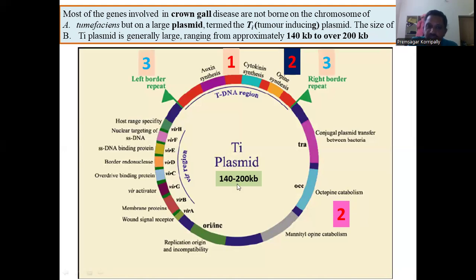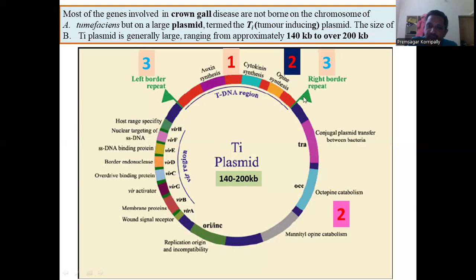The third important element is the right border and left border of the T-DNA region. These repeats are 24 nucleotides in size, and they are very much conserved. During the transfer of T-DNA, a single strand nick is created by the VirD gene here and here. This is the 5 prime and this is the 3 prime.